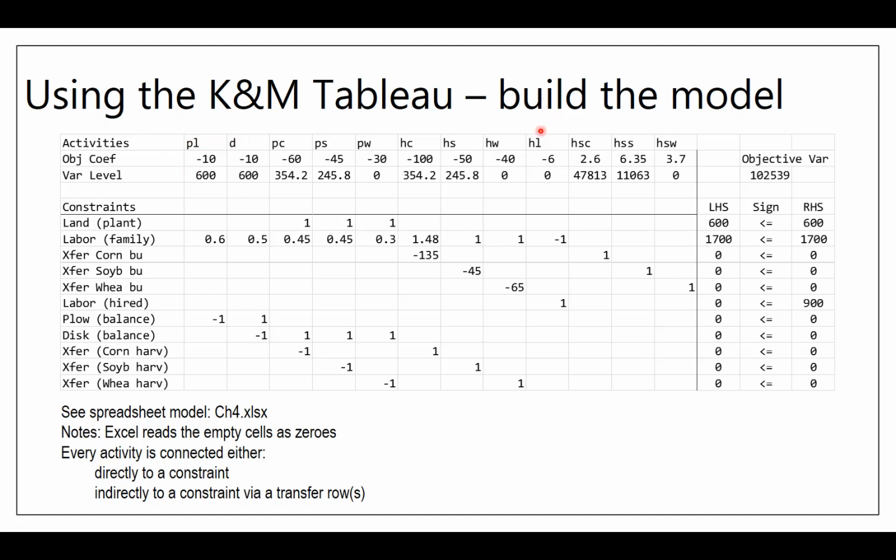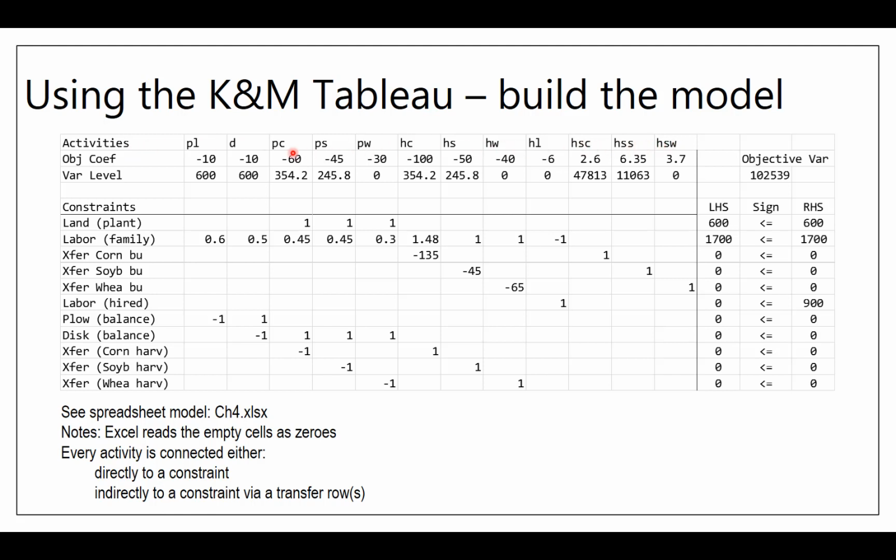So activities get the columns, and these are in some sense variables, but the tradition in linear programming, especially these kind of large models that have a fairly broad view of the stages of production and so forth, is just to say this is the activity set.